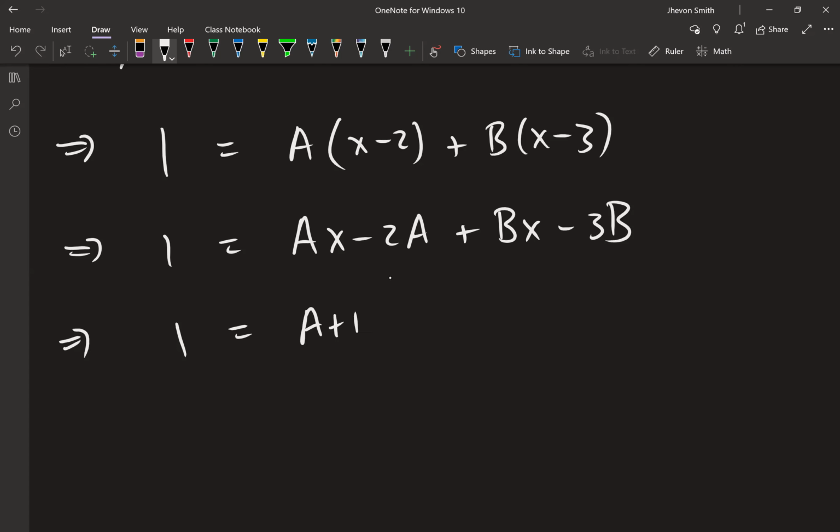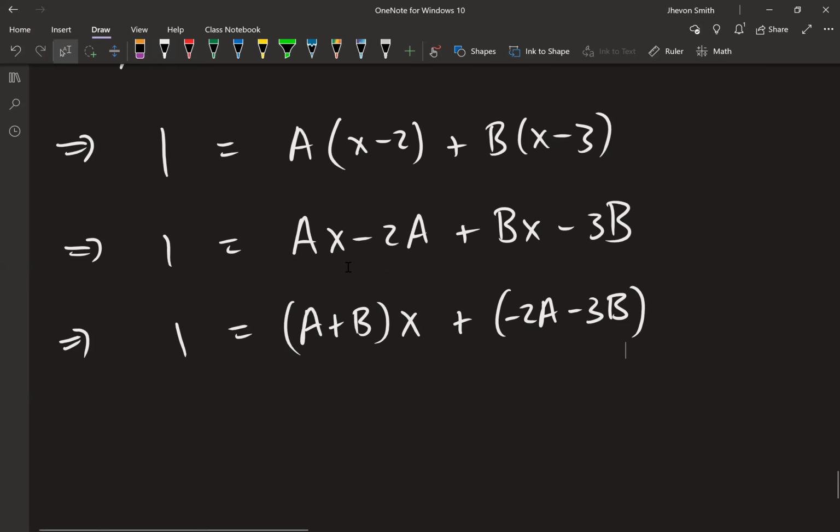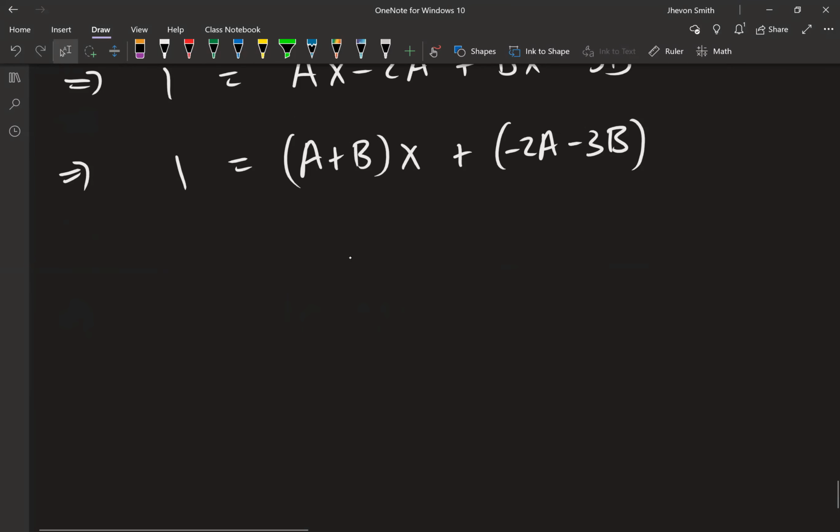So we have (a plus b) times x, and then we have minus 2a minus 3b. So we group all the guys with x's, group all the guys without x's. Now what you do is something that's called equating coefficients.